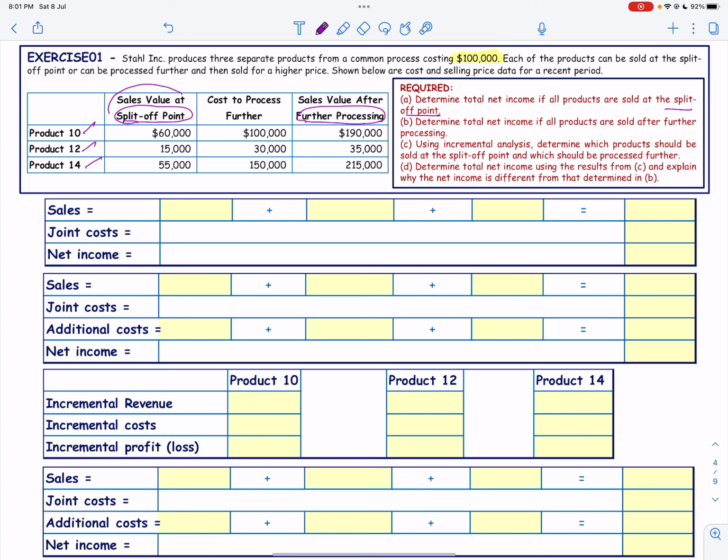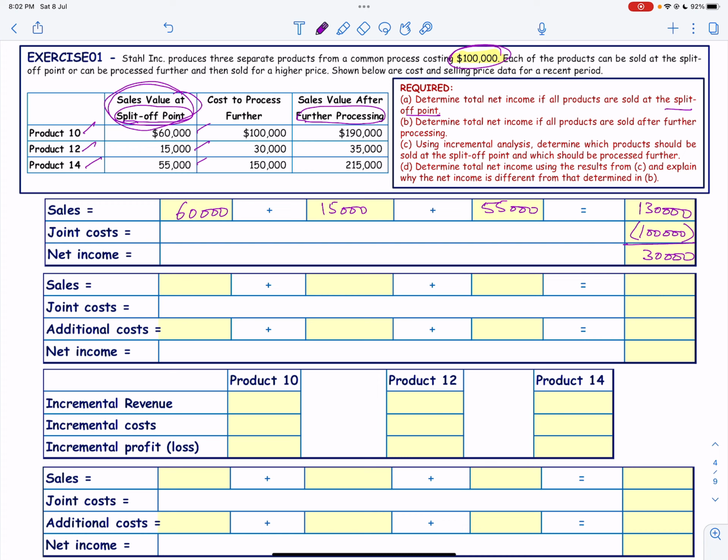So this is the split off point and the sales are 60,000, 15,000 and 55,000. So the total is 130,000. The joint cost is 100,000. So the net income is 30,000.